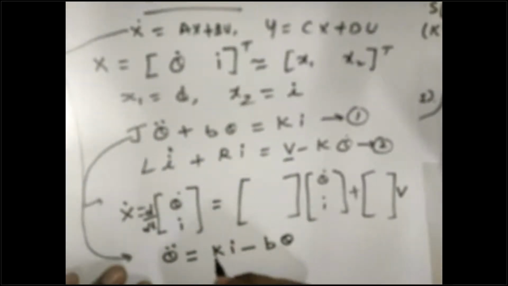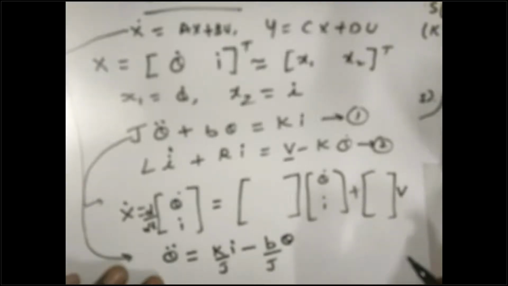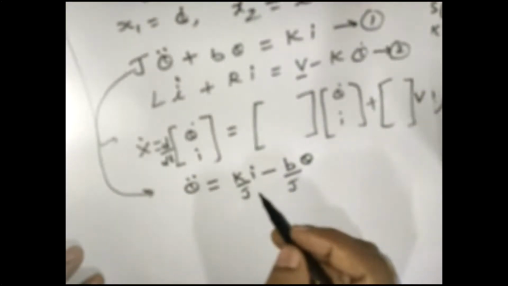So this J is there, divided by J. Now I will follow these terms to see what is going to happen. So minus B by J theta is there, K by J into I is here. Now I will try to derive this from this one.